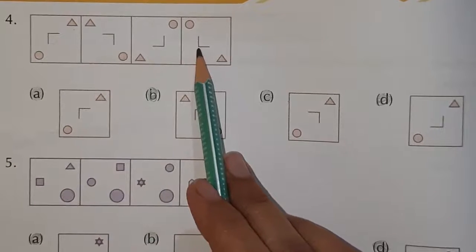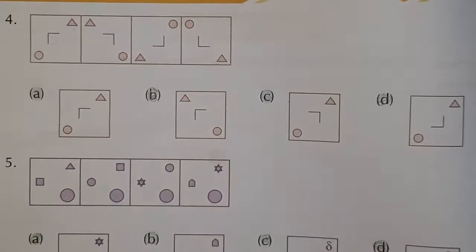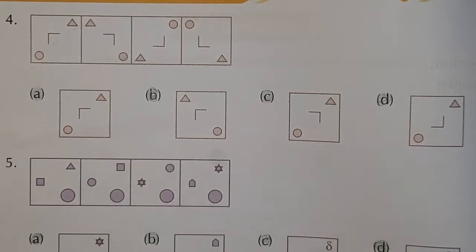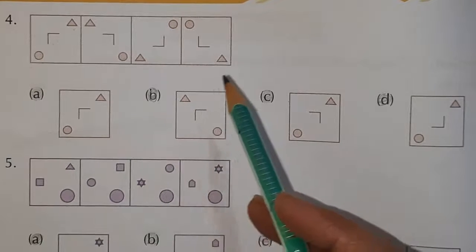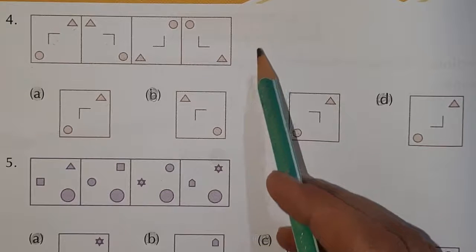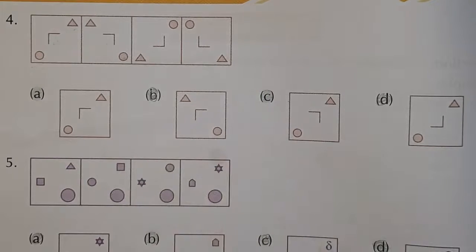You have to observe and find the next figure from this given options. Because when it is given complete the series, it means in the series what will be the next is our answer.